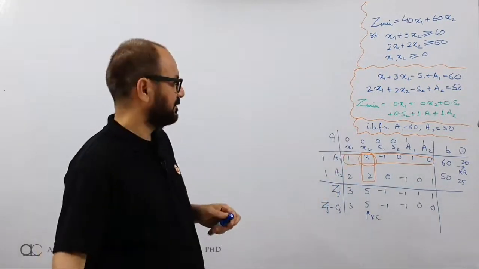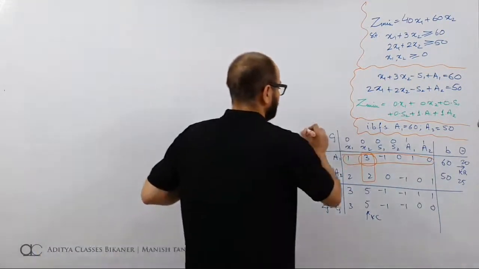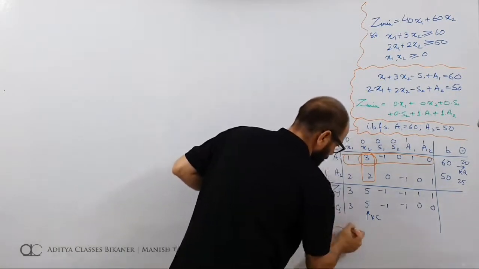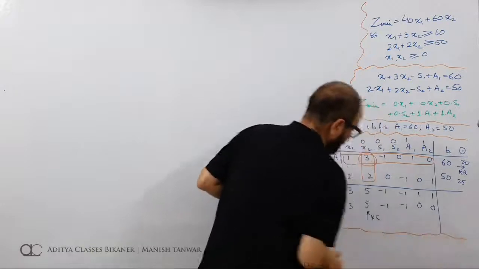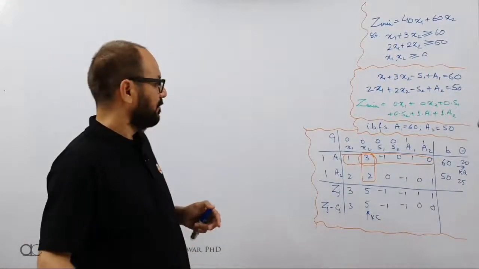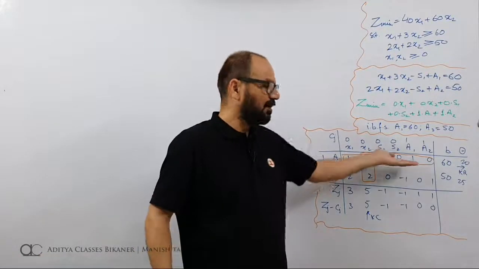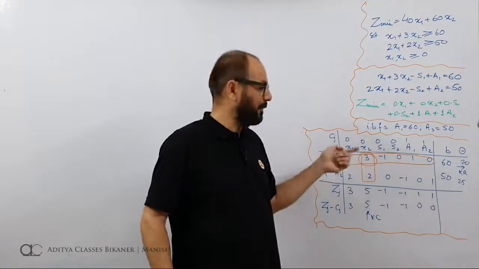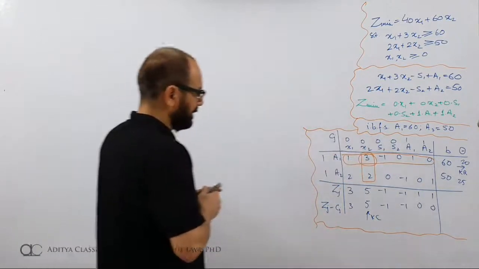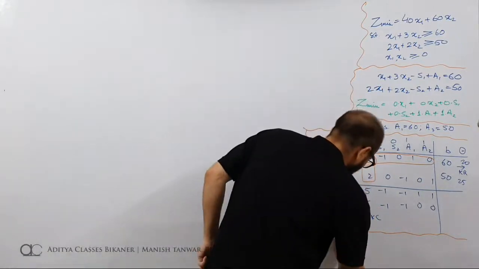The rule is to transfer these elements to a new matrix, dividing all elements of key row by key element. The rules I'll again put up over here.